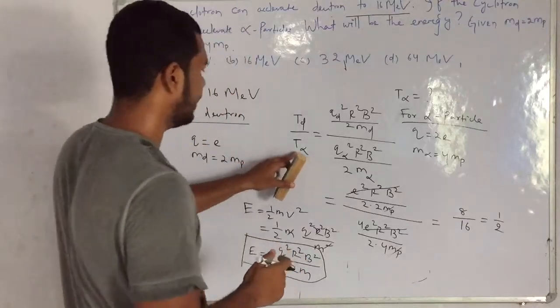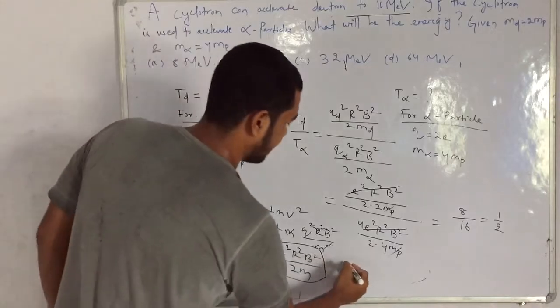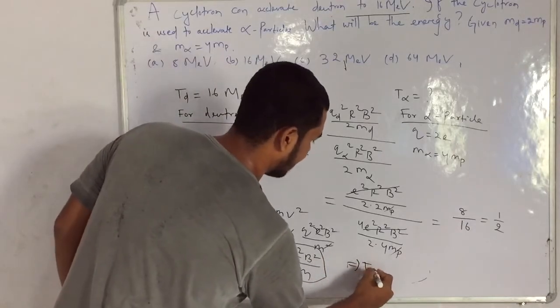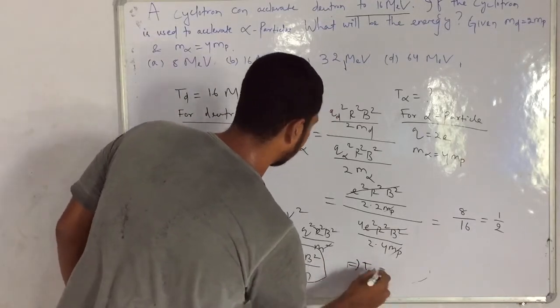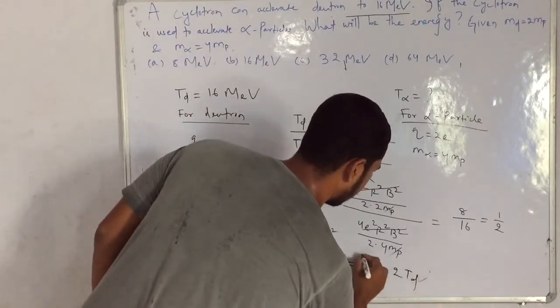So we have to calculate the energy for alpha particles. That's why T alpha is equal to 2 times T_D.